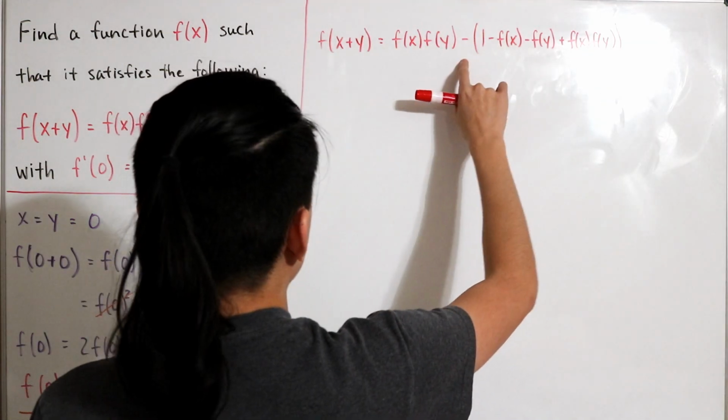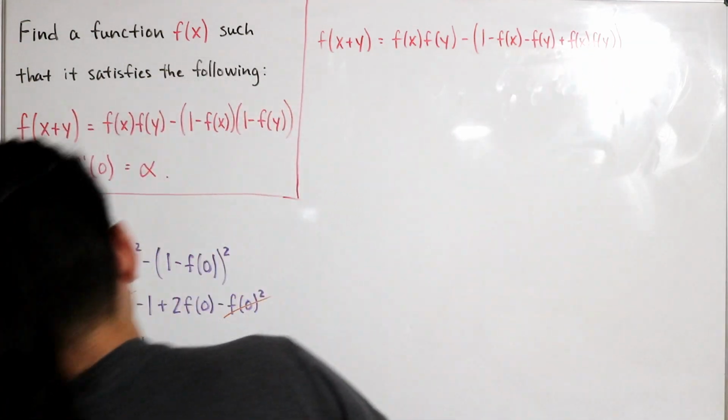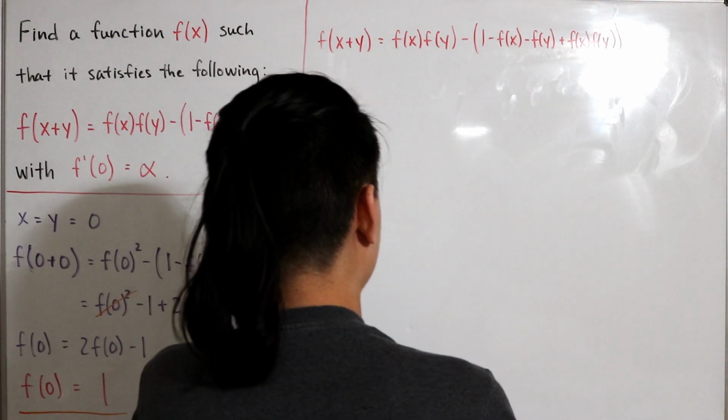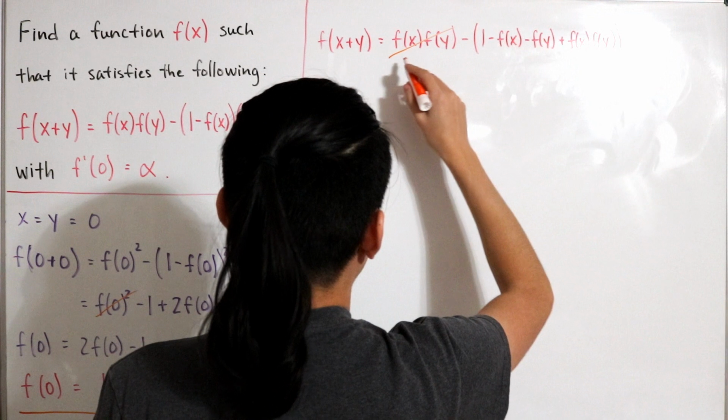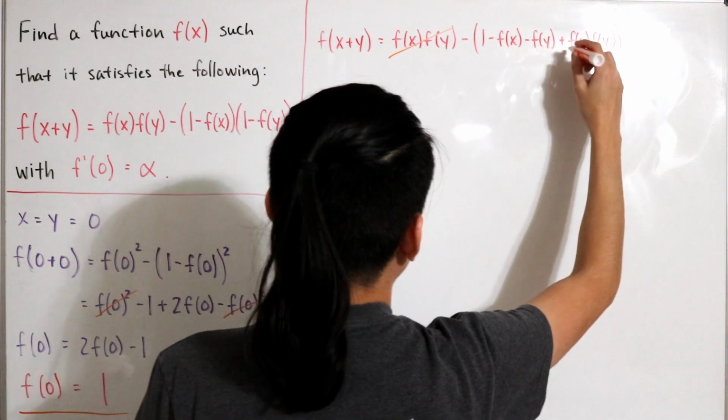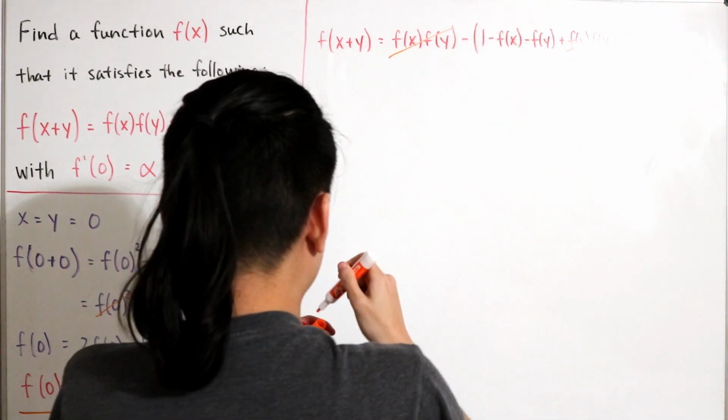Now we distribute the negatives into everything, and you'll see that two terms cancel each other out: the f of x times f of y cancels with the distribution of the negative.